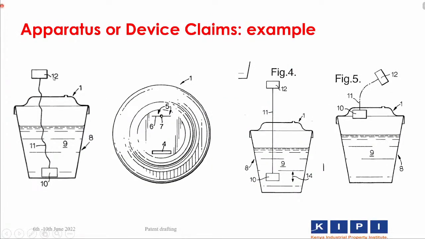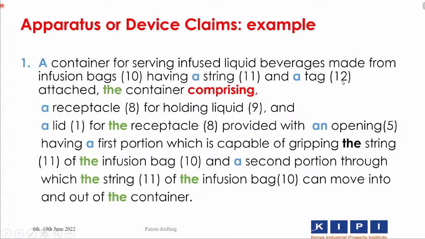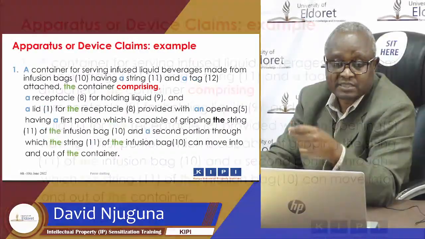Number 12 is what you are referring to as tag. So that way you are able to follow. As you're reading the claims, you can visualize those features in the drawing. Then you come to the meat of it, the container comprising. So these are what is actually being protected.